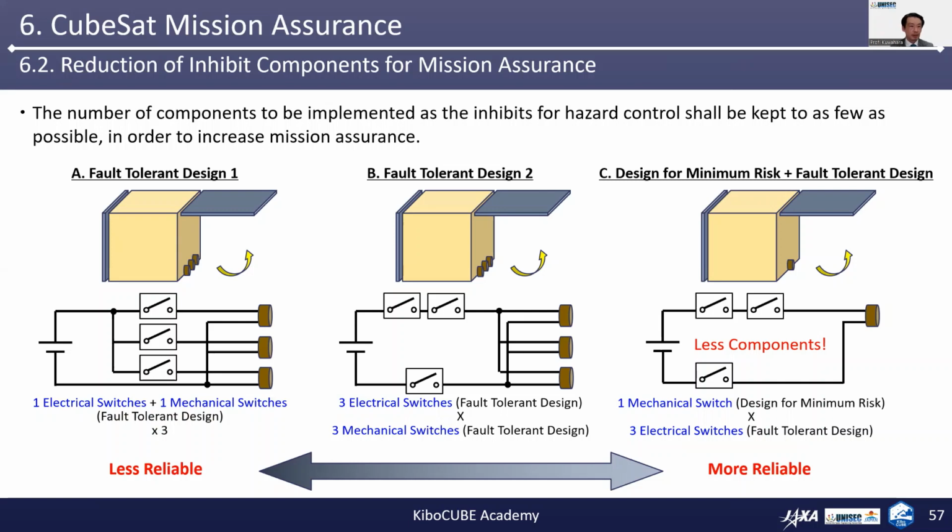So in this example, the left side design solution is less reliable due to the large number of components based on a full triple redundant design. And on the contrary, the right side design solution has more reliability due to the minimum number of hardware components among the three. So it is important to reduce the number of components to achieve a higher reliability.